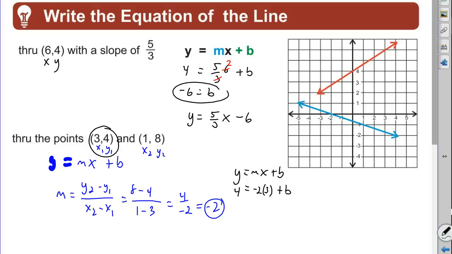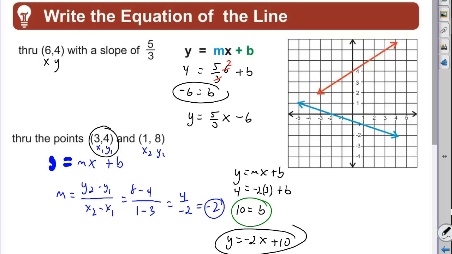We have a negative 6, add a positive 6 to both sides, we get b equals 10. So remember, once you have the slope and you have the y-intercept, you just sub those in for m and b. So y equals negative 2x plus 10, and there's our slope-intercept form of that line.